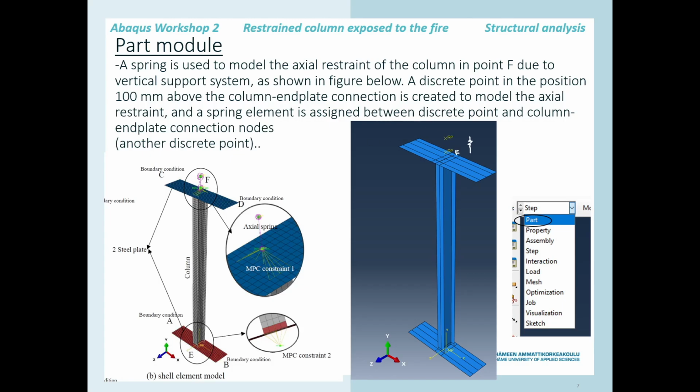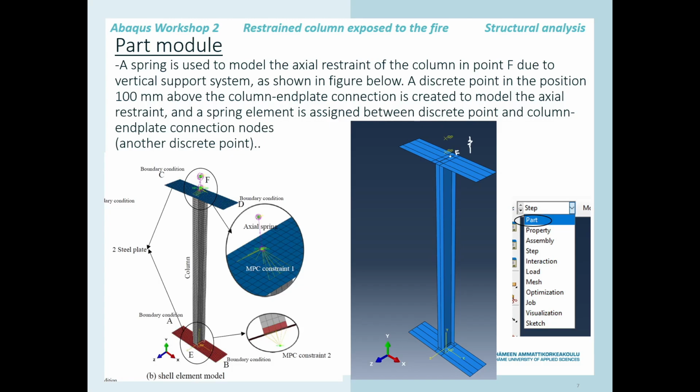A discrete point 100 mm above the column and plate connection is created. So the length of this spring is 100 mm, and to model axial resistance a spring element is assigned between the discrete point and the column and plate connection nodes. So this is another discrete point.